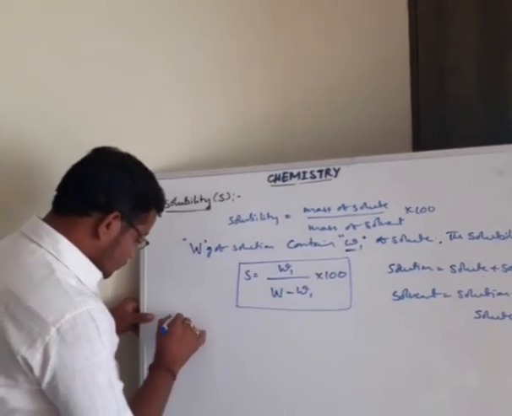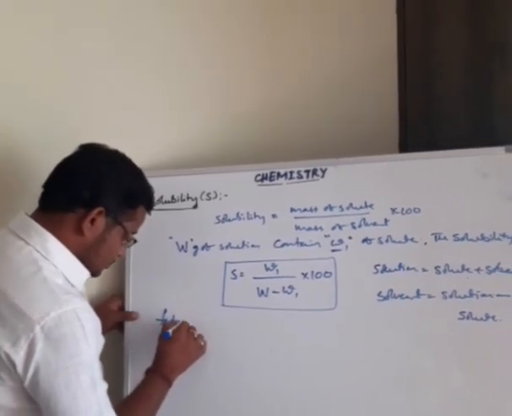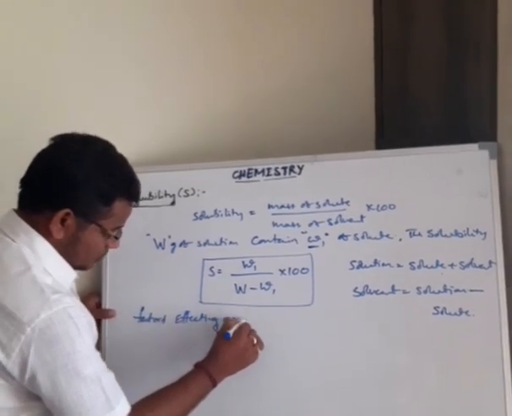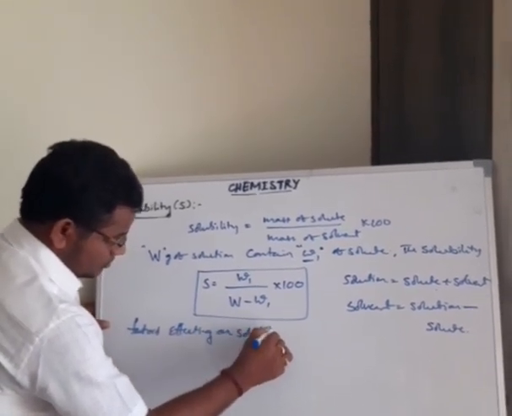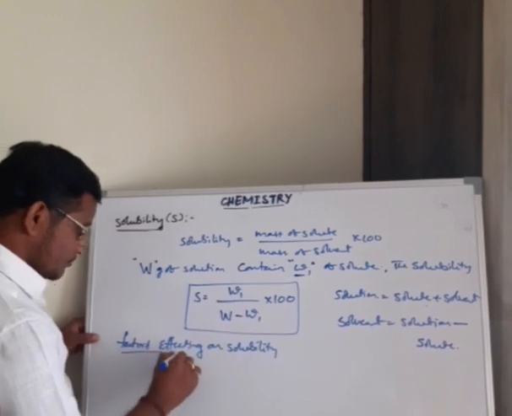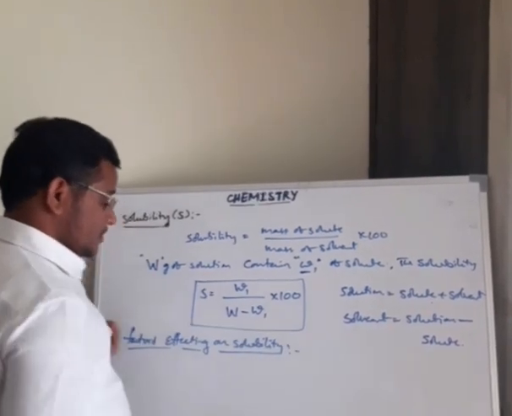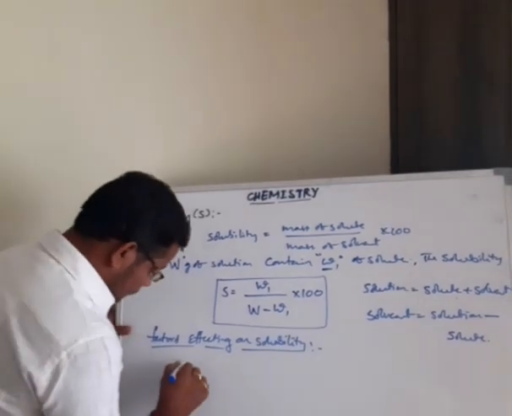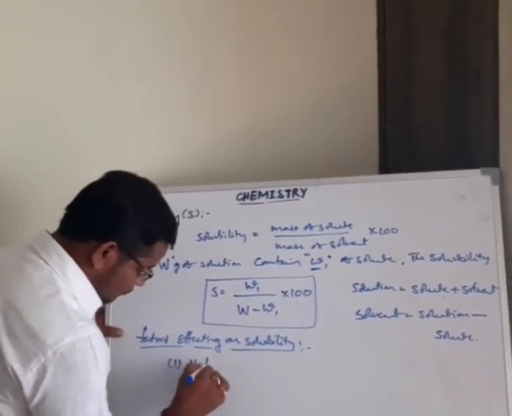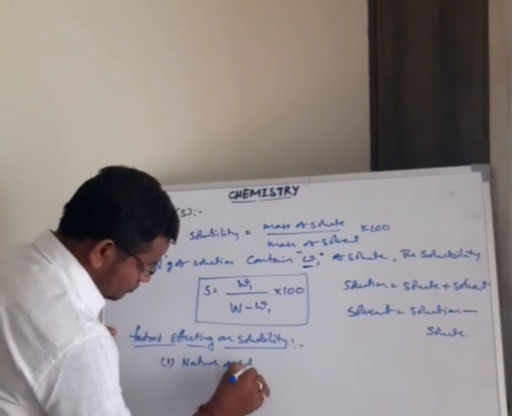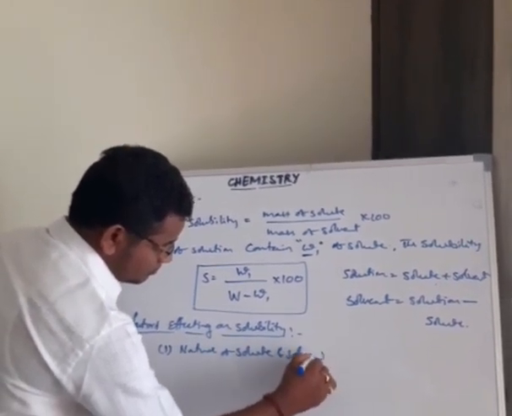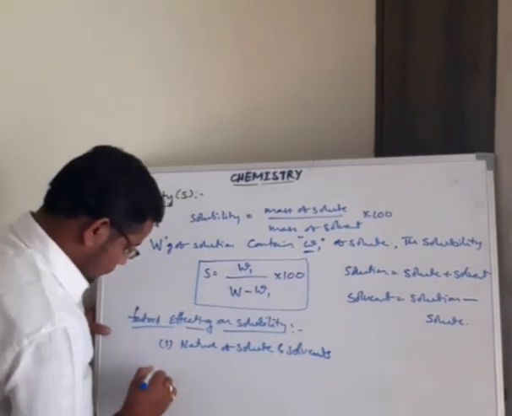Then next, solubility is affected by three factors. See the first one, factors affecting solubility. Then what are the factors affecting solubility? Generally three factors affect solubility. The first one is nature of solute and solvent.